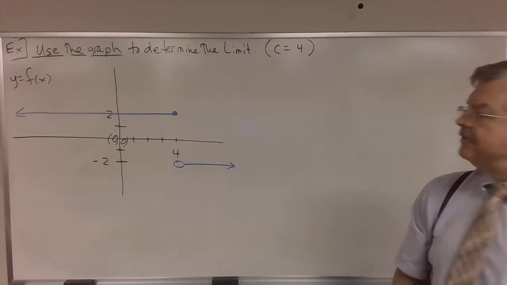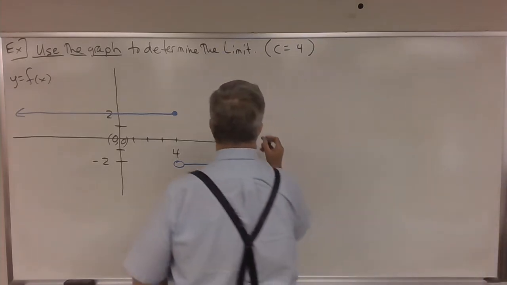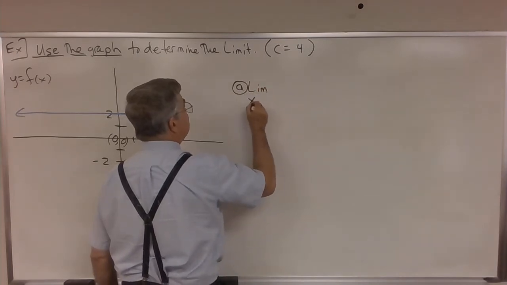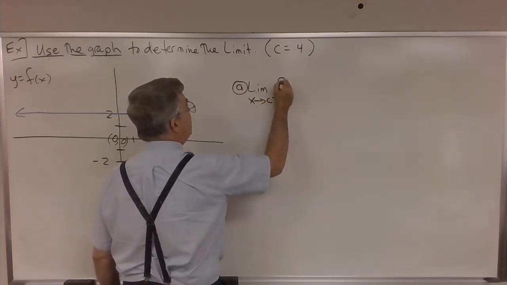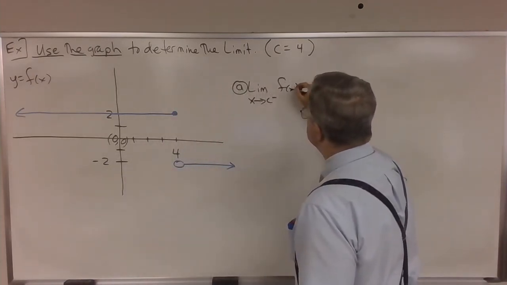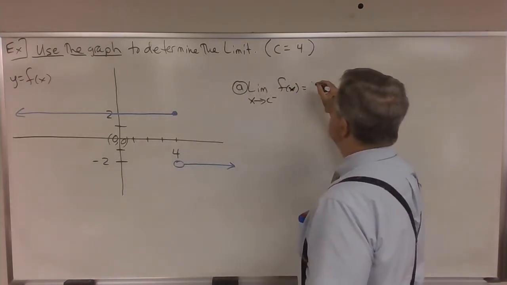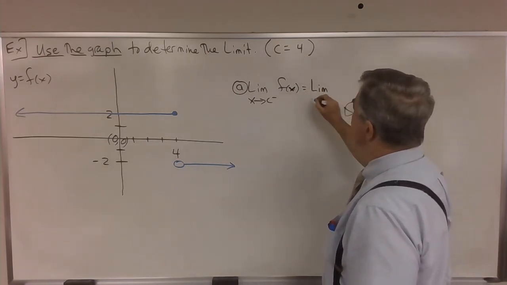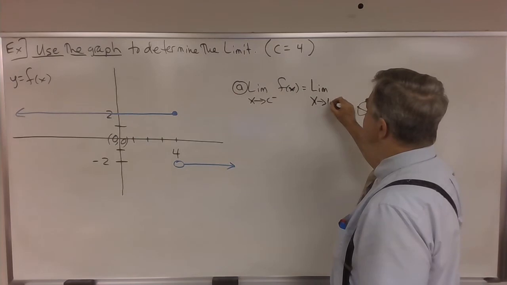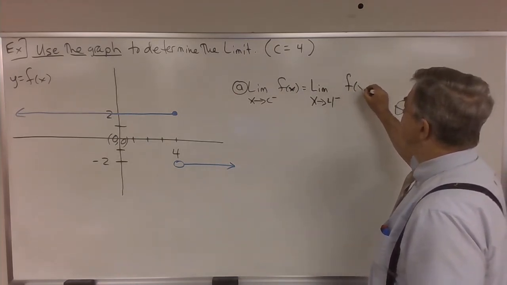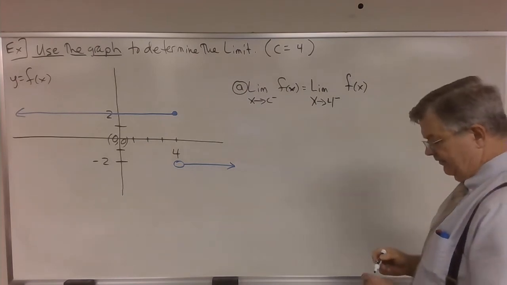So in part A, they want us to compute the limit as x approaches 4 from the left of f of x.